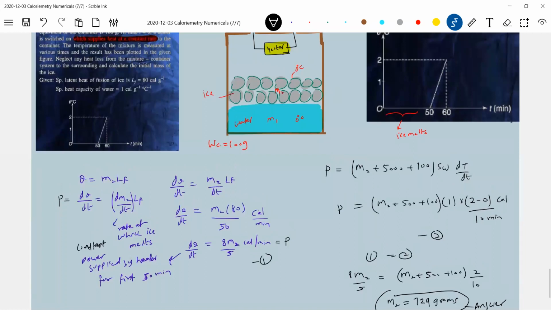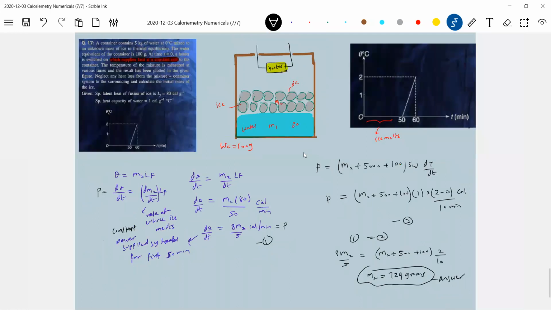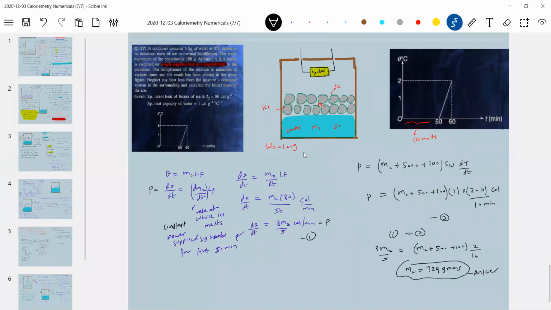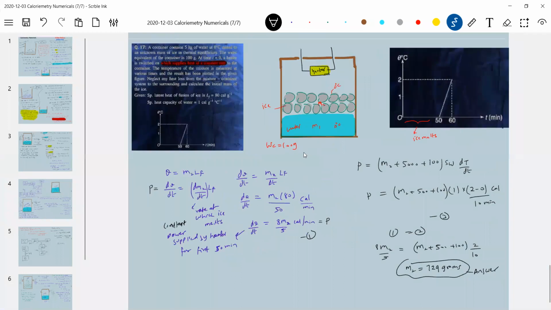Which supplies heat at a constant rate, I think that is very important. Without that, it is not possible. Sir, 728 grams. 728 or 728.5? Why so many? Some say 340 grams, 1400 grams, 728.5, 85.7.